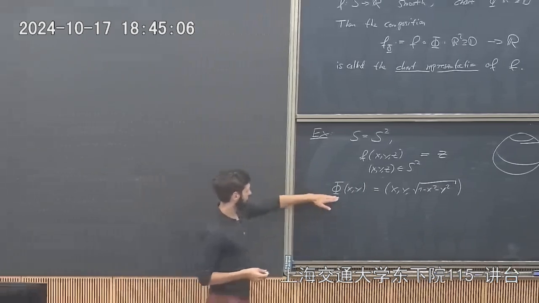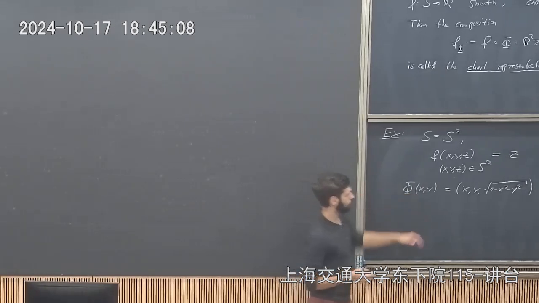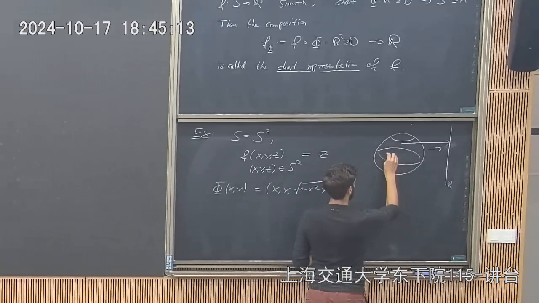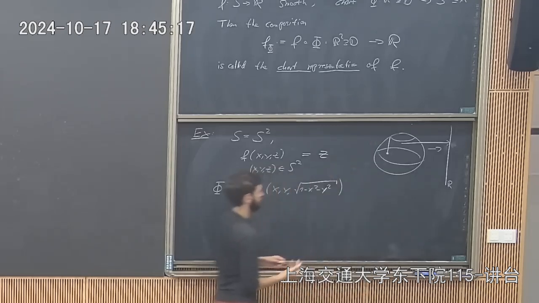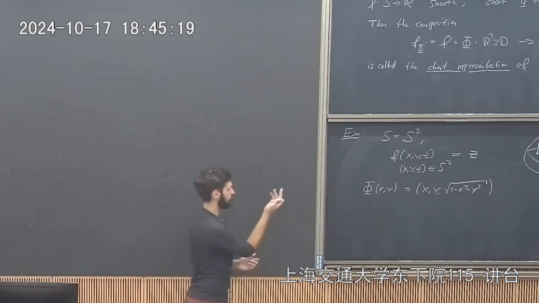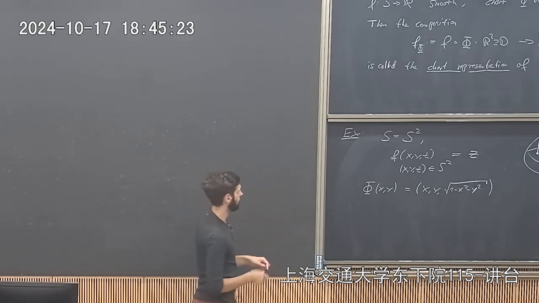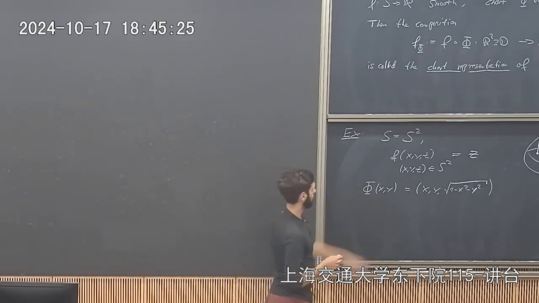So that's a smooth map that we defined last time, which was essentially the projection of that point up here. It's just lifting a point and mapping it to the point on the sphere above it. So that's the chart.